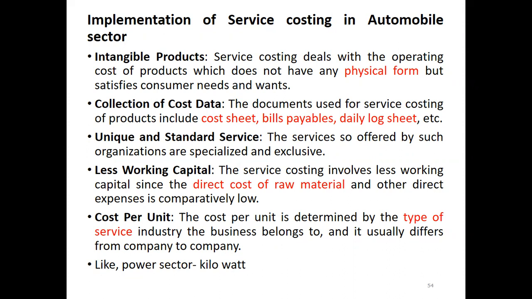The cost drivers we use for the hospitality industry, we do not use for the power sector, because cost drivers would be different. It usually differs from company to company. For example, in the power sector, we can use cost per unit kilowatt. Kilowatt will be our cost per unit measure.